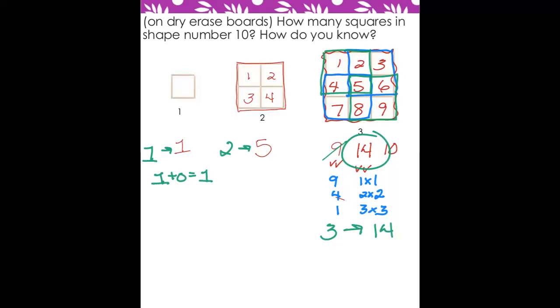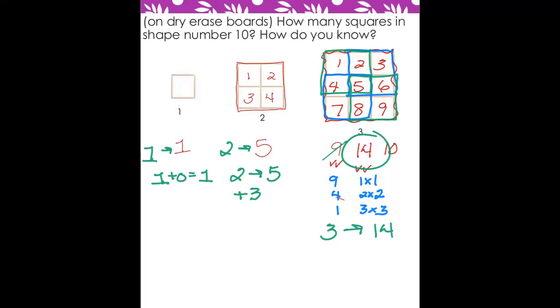How can I go, Anthony? If I go from 2 to 5, what can I do to show an increase? I can either add or multiply, right? If I add, how much do I add? 3. So 2 plus 3 gives me 5.